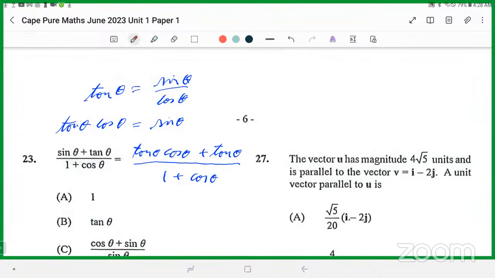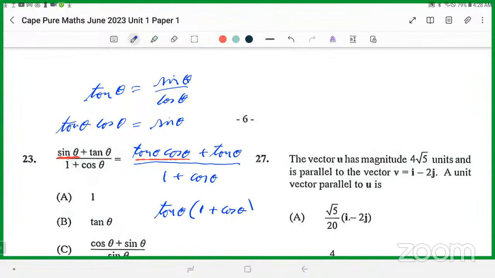Because I replaced this with that. Now I'm going to factorize the tan out of these two terms. So I get tan theta times, from this I get 1, and from this I get cos theta, over 1 plus cos theta.